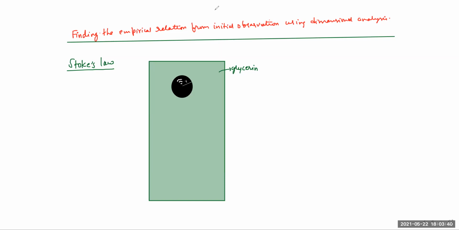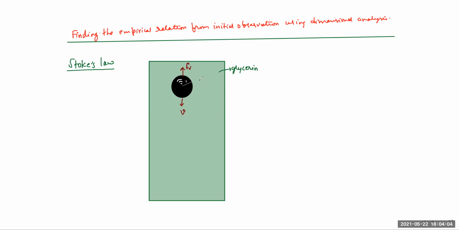Everything can be explained in terms of radius. So radius is the fundamental thing for a spherical object. And then as it starts falling down, as it gains speed, it experiences greater drag force. The drag is called viscous force.